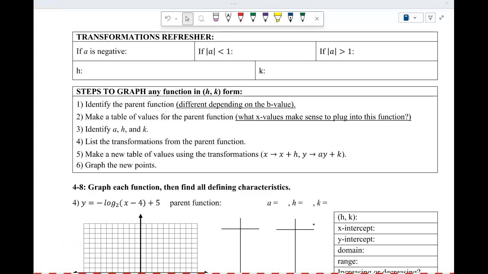Transformation refreshers. Let's start reviewing a little bit. If your A value is negative, then this is a vertical reflection.